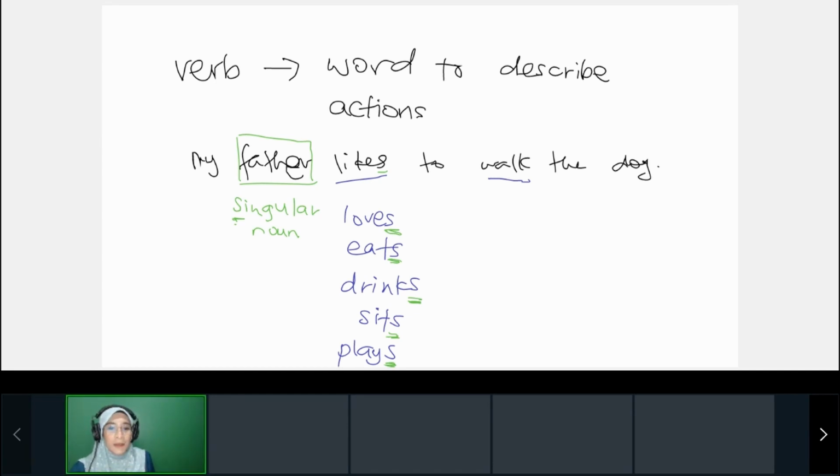For example, the word brush, watch. So we have watch. What else do we have? Snatch.